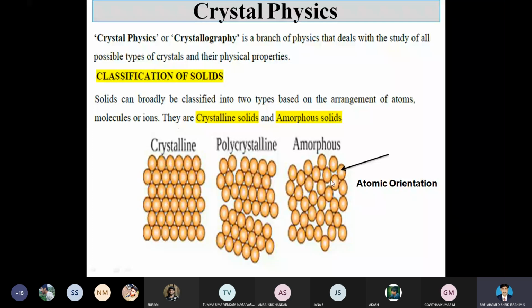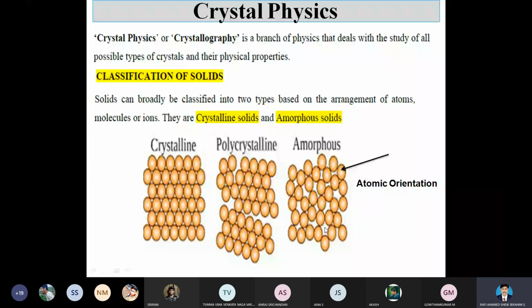Amorphous means just the opposite of crystallinity. Here the atoms are not oriented in a regular manner. We have a large amount of vacant space here. Here the space is more, here the space is very less, here the space is very huge, and here also the space is very huge.